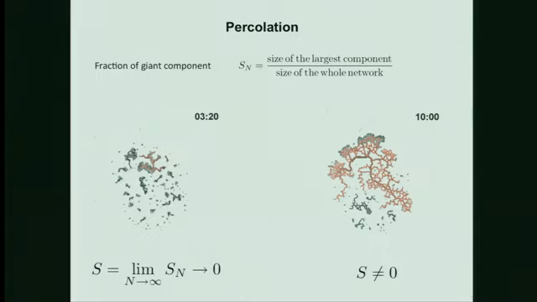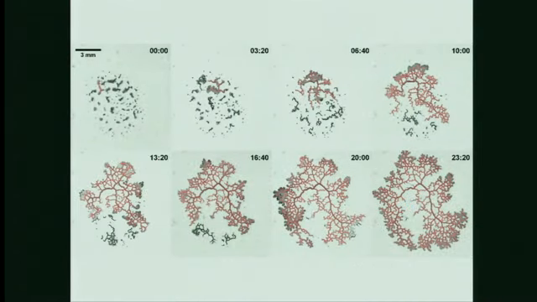Whereas if it spans the network, and if you make the network larger, it scales with the network, then you have a finite fraction of the giant component, and this transition from 0 to some finite number is called a percolation. You can already see that in a finite system, you're always going to have somewhat from 0, a little bit of S, because we cannot get rid of the finite size effects, right? And so that's what you see here. As you go along, the S is 0 here, and around here it will go up, and you have percolation.